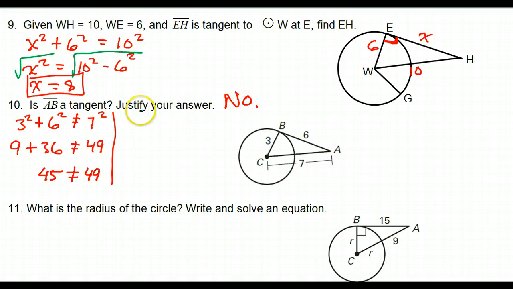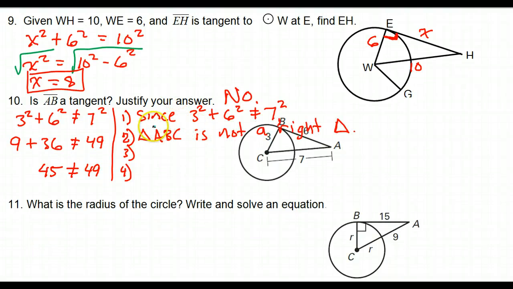Now, here's our justification. It's going to take us 4 lines to do this. I'm going to number them just to make it extra clear. Alright, the first line is going to be: since 3 squared plus 6 squared does not equal 7 squared, triangle ABC is not a right triangle.